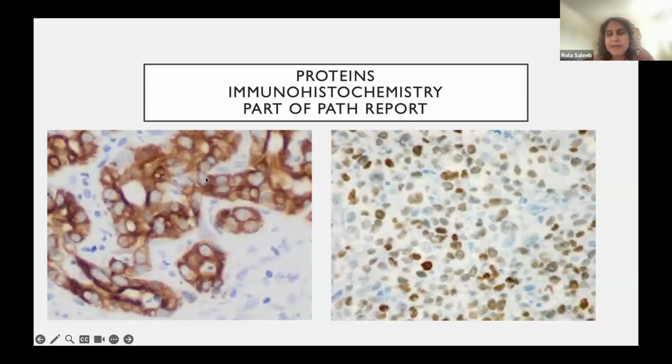And this protein can be expressed in different areas. For instance, in these cells, the membrane of the cells is brown. This is what's expected for this protein, versus these cells on the right, where the nucleus is brown. So the protein is present in the nucleus. Without going into details, suffice it to say that it's a big part of what we do.